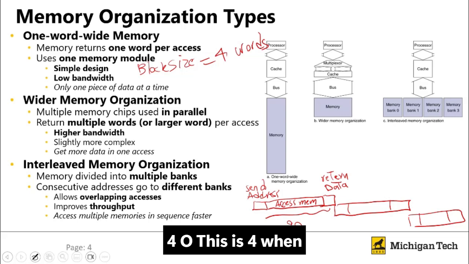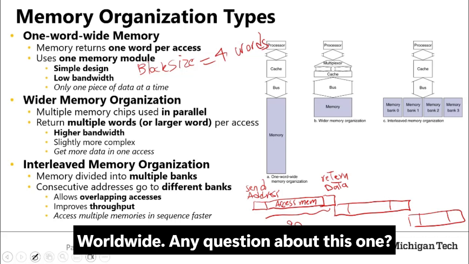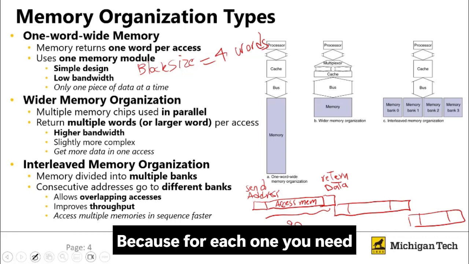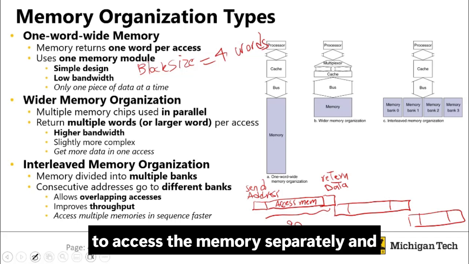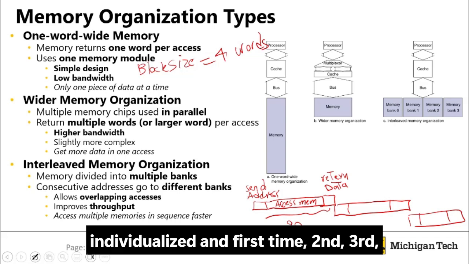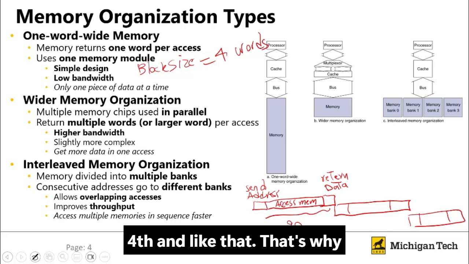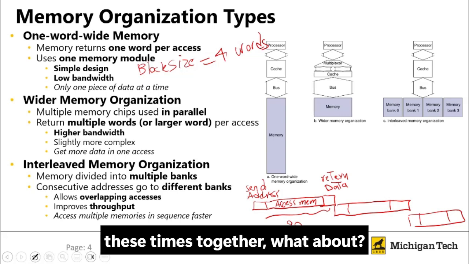So this is for when you are using one word wide. Any question about this one? Because for each one, you need to send the address separately, you need to access the memory separately, and you need to return the data individually. First done, second, third, fourth, and like that. That's why we are adding all of these latencies together.